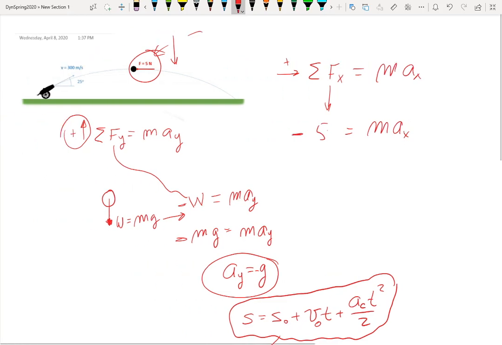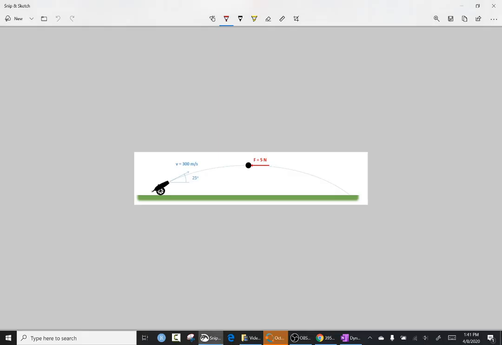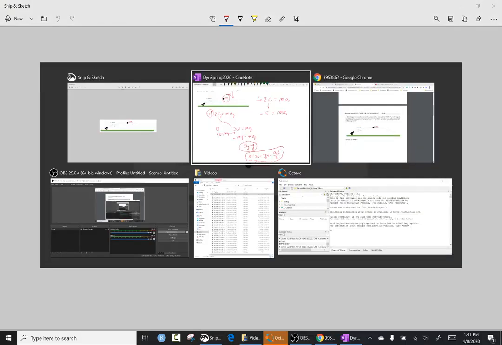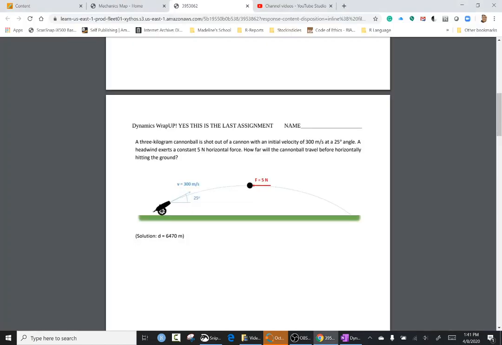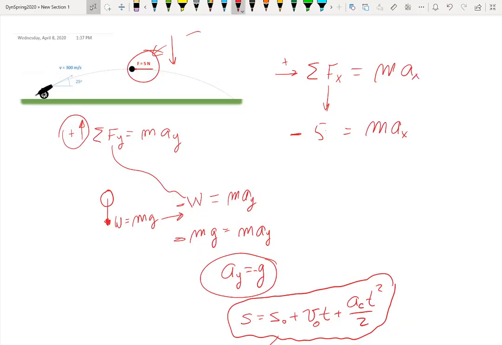I have to find out the mass of this thing. It was a 3 kilogram ball, so ax is equal to minus 5 over 3.